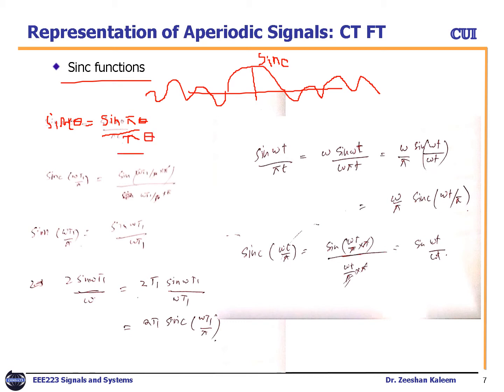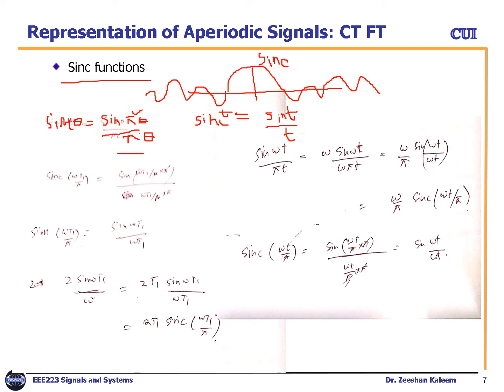So this is called normalized. Why normalized? When there is a pi here, then it is called normalized. And when it is non-normalized, it will be written in this way. In mathematics, usually they write sinc t equals sine t over t. Right? So this will be a non-normalized case.